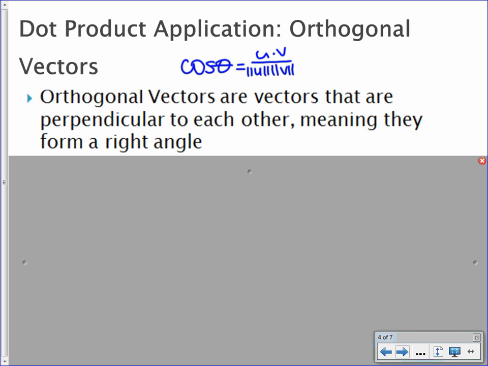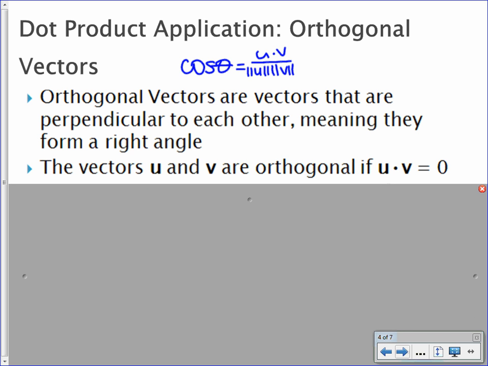So what would that mean about our formula? If I was finding what the angle was and it was going to be 90, what would have to be on the right side? Good. If this fraction is 0, we have the cosine of theta is 0, which means our angle would be 90 degrees. More specifically, if this dot product is 0, the whole fraction is going to be 0, right?